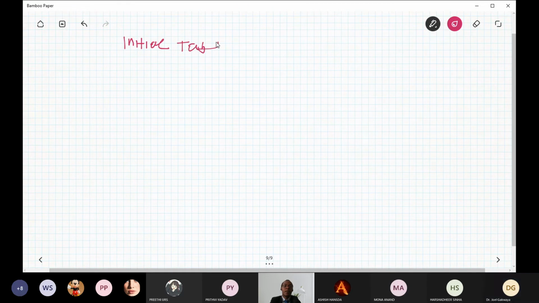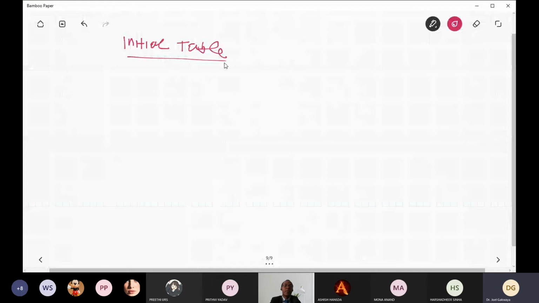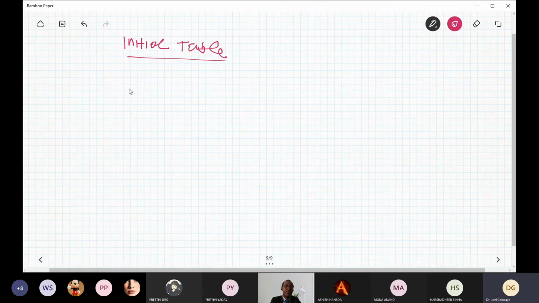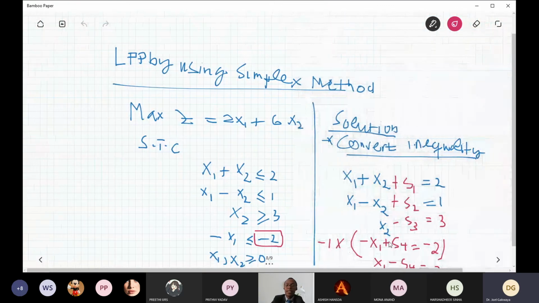In this initial table we have CJ, the coefficient of Z. Look here, our converted max Z is what?